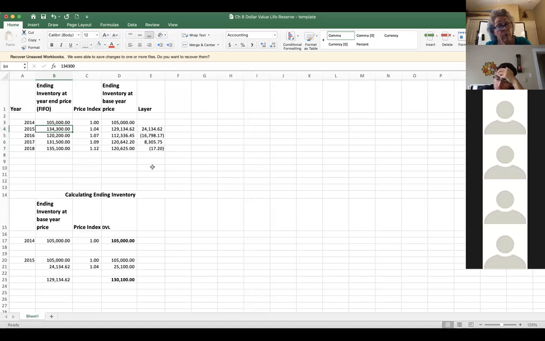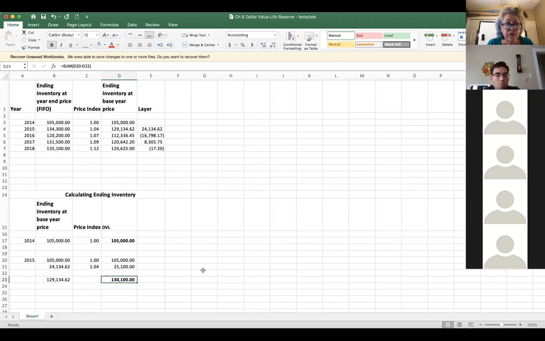Now remember, we're reporting on our balance sheet at Lifo or dollar value Lifo. So if my inventory account at 2015 has 134,300 in it, but 130,100 should be reported on the balance sheet, I'm able to do that through a Lifo reserve account. And you read about the Lifo reserve account on page 422.